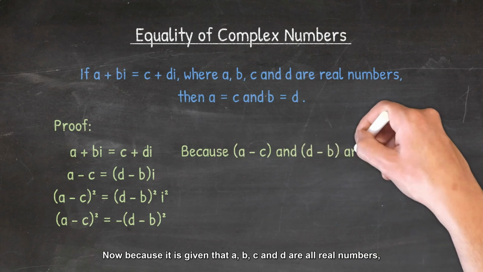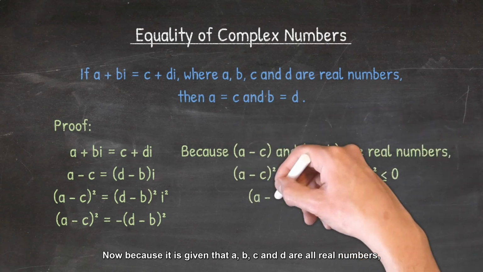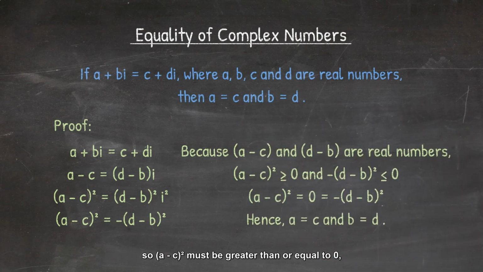Now, because it is given that a, b, c, and d are all real numbers, a minus c squared must be greater than or equal to 0, and minus d minus b squared must be less than or equal to 0. In this way, for these two expressions to be equal, they have to be equal to 0. Hence, we can conclude that a is equal to c and b is equal to d. That's how we can prove this result.